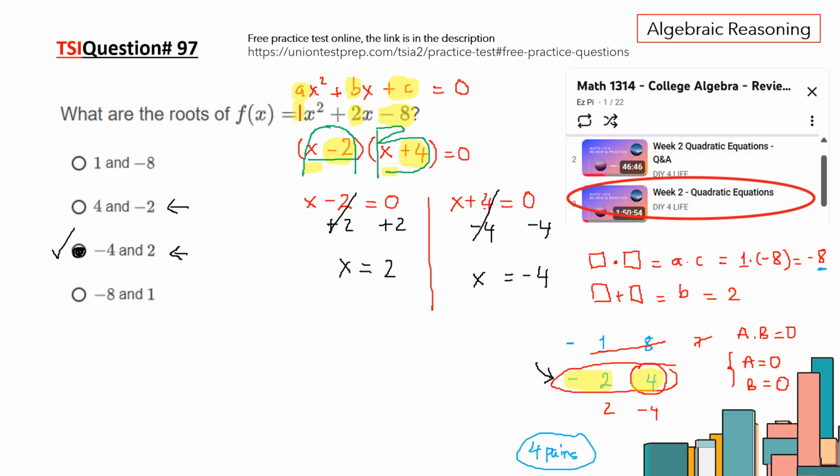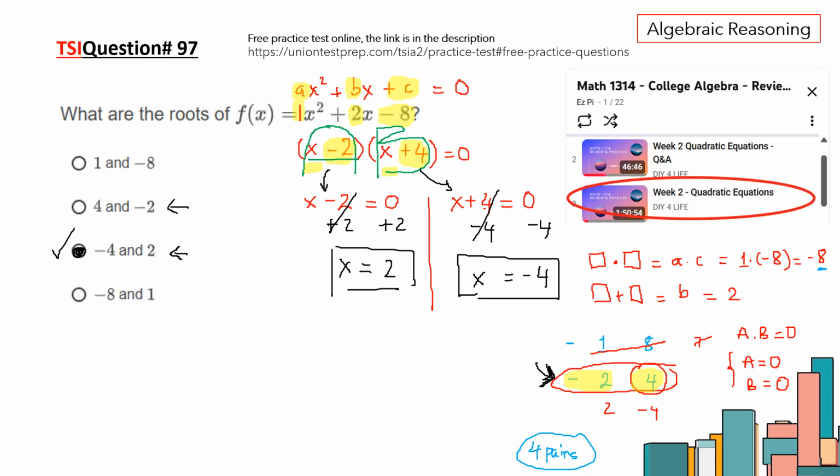The couple of numbers right here are the numbers you use to factor f of x. They are not the roots. The roots come when you set each factor equal to 0 and then solve for it. Then you get x equals some number.